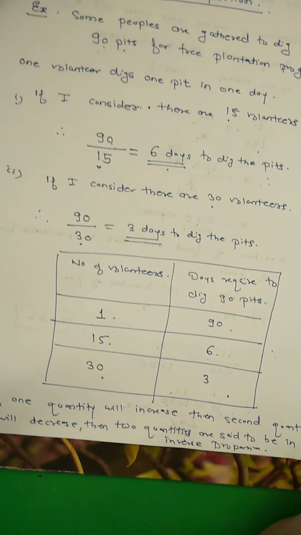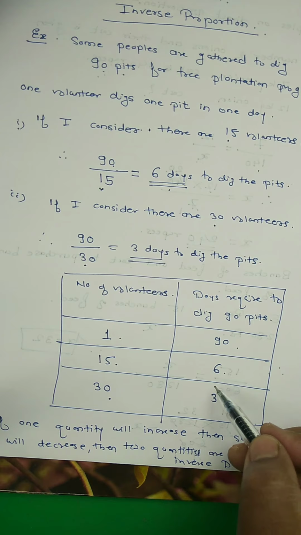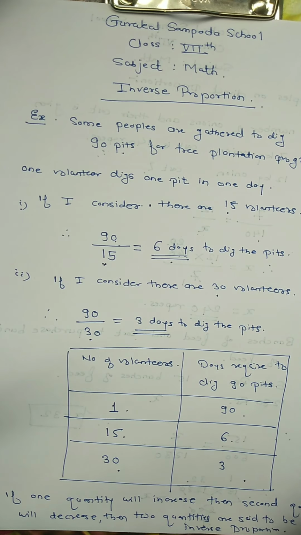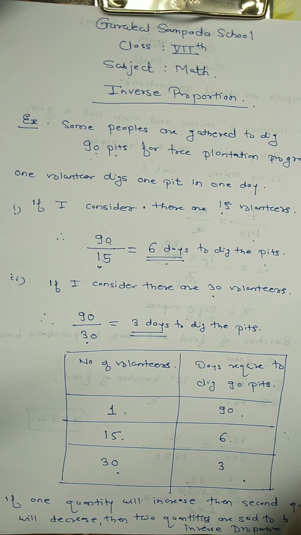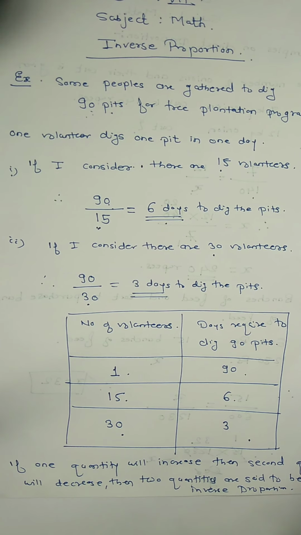Here, if the number of volunteers increases, the number of days required to dig the 90 pits decreases. When such a relationship exists between two quantities, we say that these two quantities are in inverse proportion. So I hope all of you understood the concept of inverse proportion.